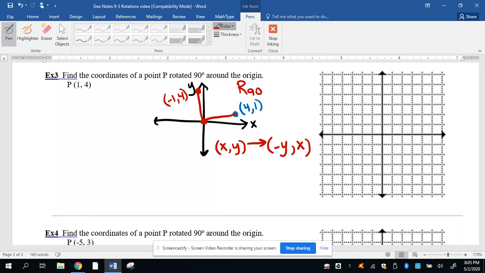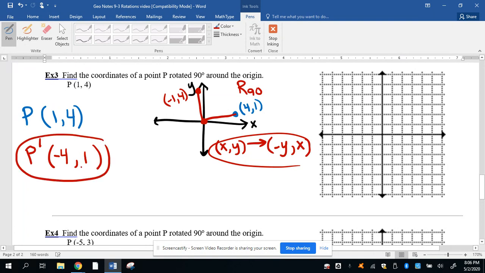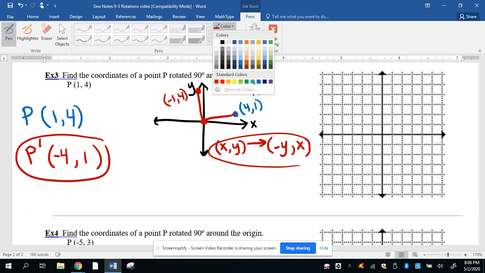All you have to do here is to say if my original point is 1, 4, then my P prime is going to be, because we're just rotating about the origin, the same rule over here. So my new x value was the opposite of my original y, and my new y value is my original x. That's my answer, but of course we want to look at the picture and see if this makes sense.